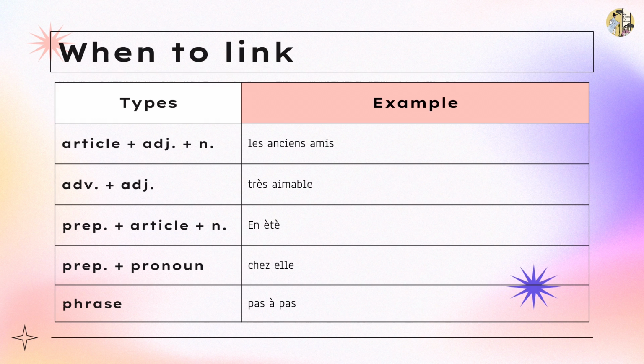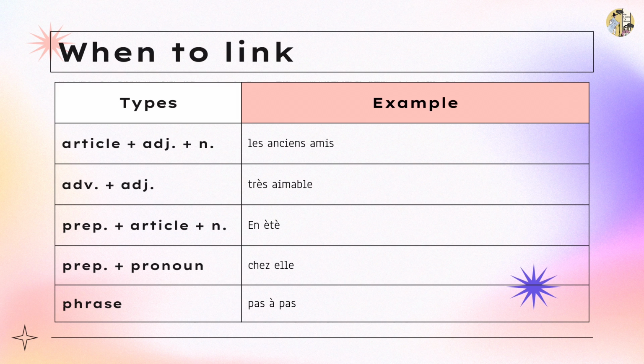This means in summer in English, and it might not seem very sure that you have a preposition, an article, and a noun, but if you get to learn French more and you understand the context of the sentence, you can see that this is a preposition, an article, and then a noun. So this is an example of the type.